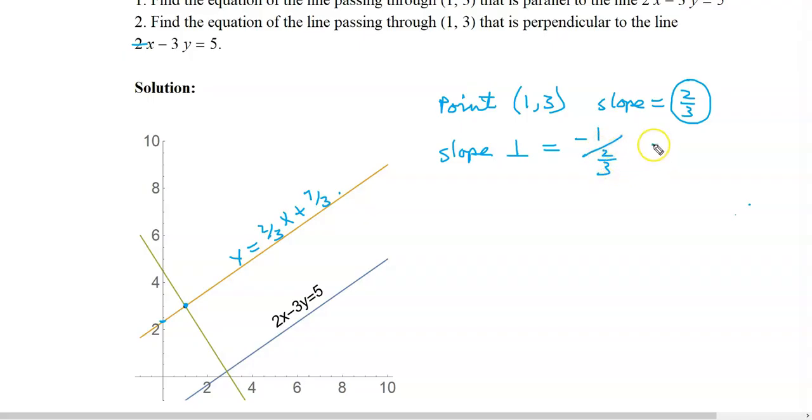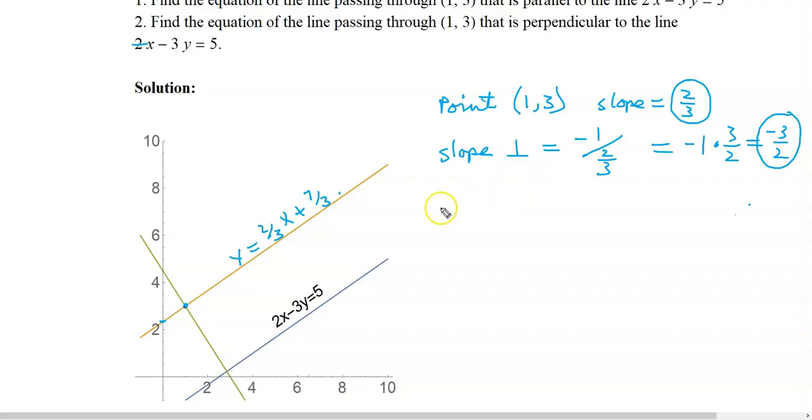And that you can simplify. Remember, you just have to flip this fraction up to the top, and it's going to be negative 1 times 3/2, or negative 3/2. So there is the slope of the perpendicular line.